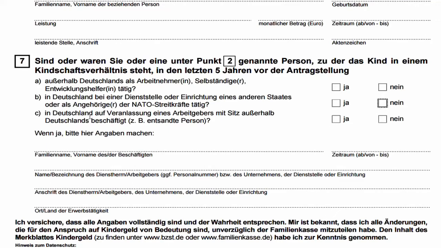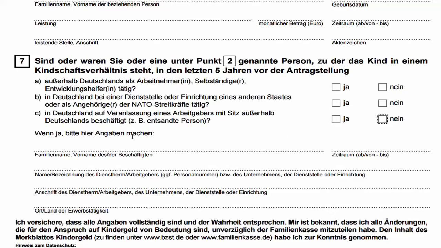Or if you or this person is an employee of an employer whose main office is outside Germany, and you have been sent to Germany and are working for this office or organization in Germany, you mark yes with a cross. If it is not the case, you mark no with a cross.